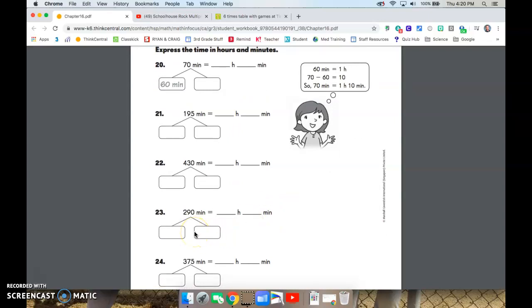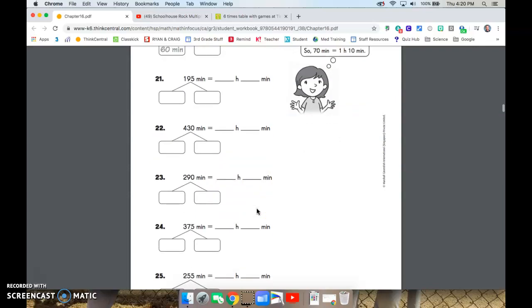290 minutes. Let's see. 6 times 4 equals 24. So 60 times 4 is 240. So 4 hours, 90 minus 40 is 50. 375 minutes. Let's see, 6 times 6 equals 36.